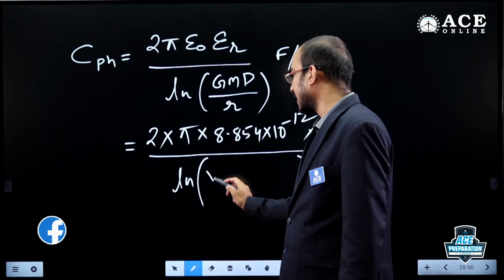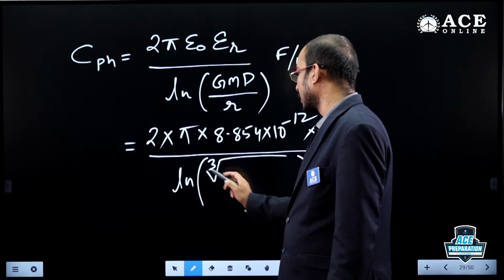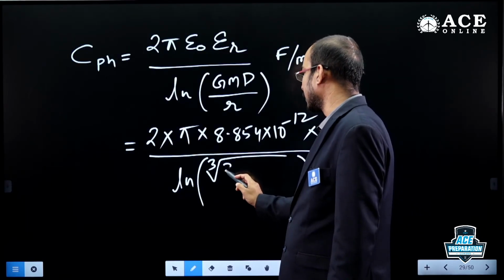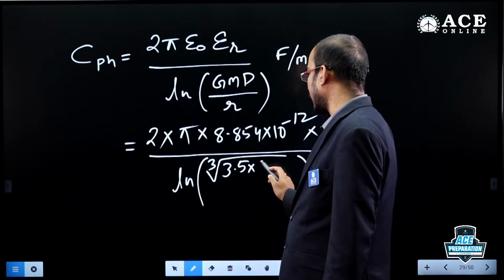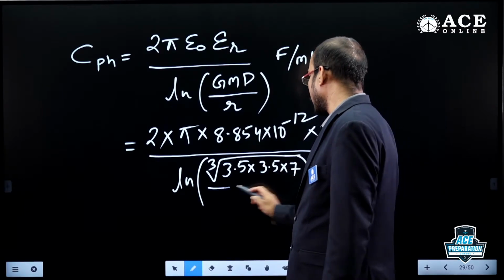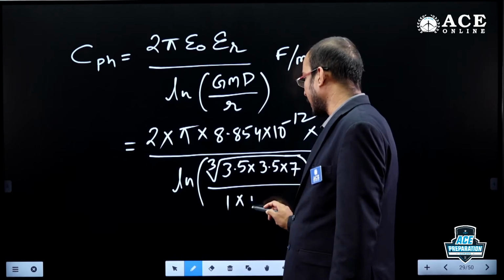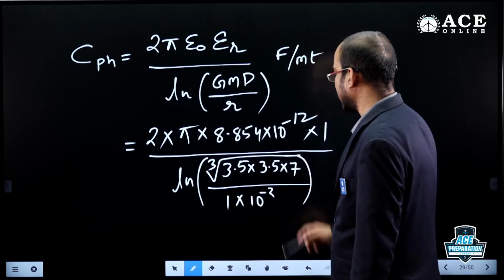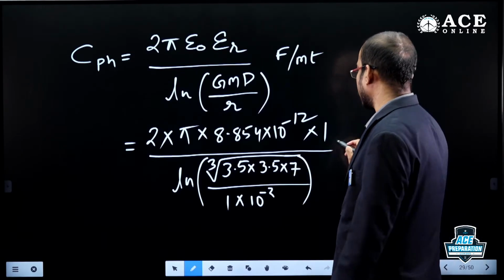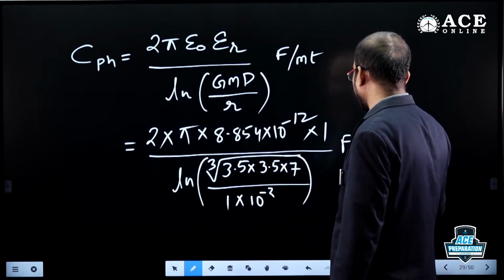GMD that we have already calculated, cube root of 3.5 into 3.5 into 7, divided by 1 into 10 power minus 2, because this is in meters and this is in centimeters, so convert into meters. So this is farad per meter that you will be getting.